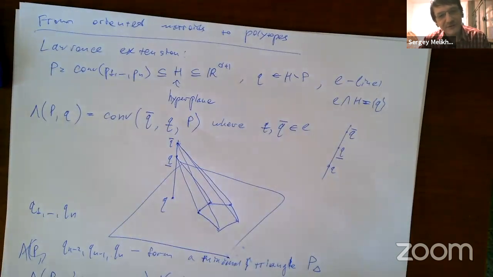But there is one very important place in topology where matroids appear. One could try to understand differential manifolds, smooth manifolds, in a combinatorial way. MacPherson had a paper about this, an approach to do this. The idea is the following. He starts from a combinatorial manifold, a piecewise linear manifold.